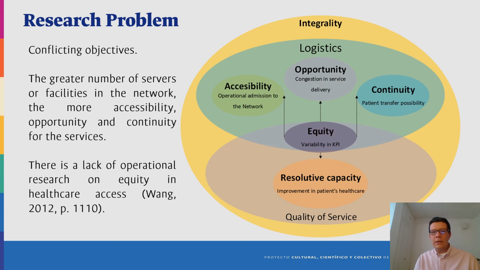All those criteria must be improved simultaneously, and at the same time, decision makers must take into account the cost of operation of a healthcare network. That's why we say that there are conflicting objectives in the problem of healthcare network design.